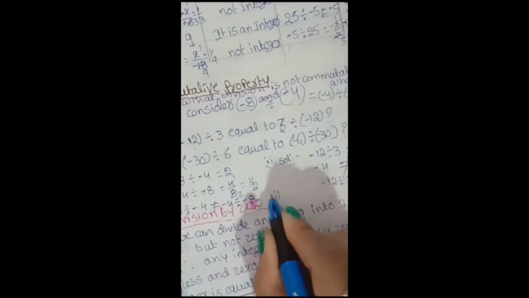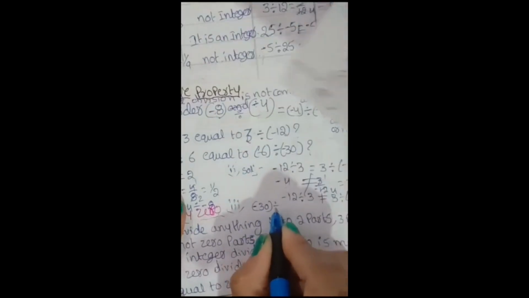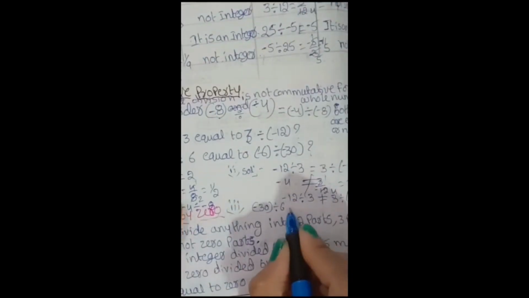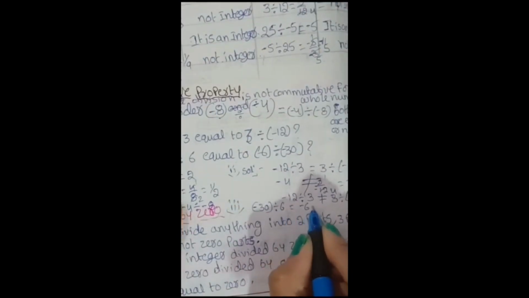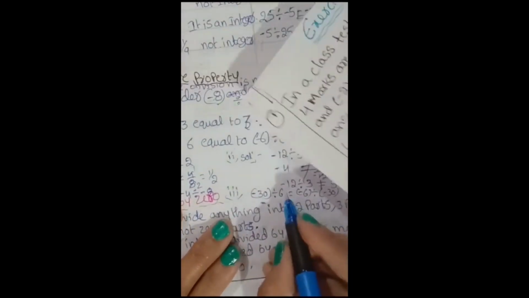Okay? Yes. Next is the third example: minus 30 divided by 6 equal to minus 6 divided by minus 30. Here there is less space, Gagan. LHS is minus 30 by 6, which is minus 5.